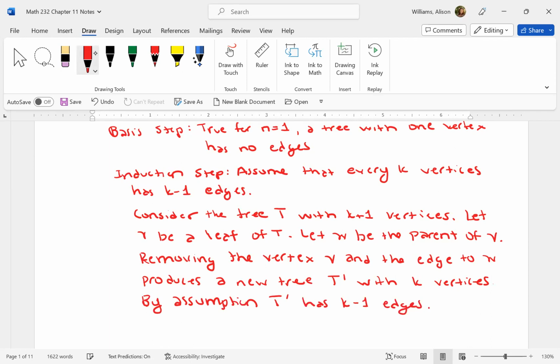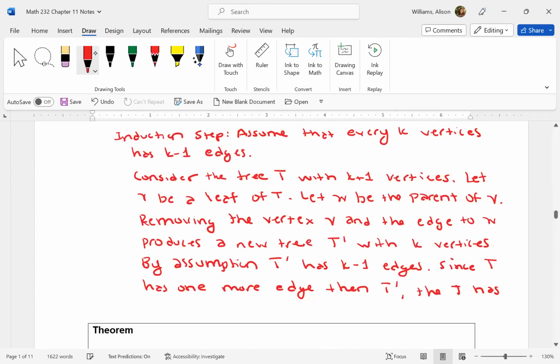Since T, the original tree, has one more edge than T prime, then T has k edges. And we did it. There it is.